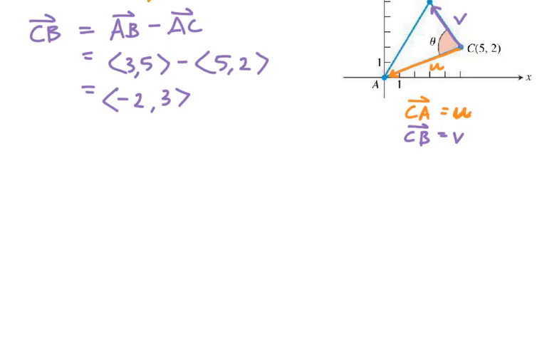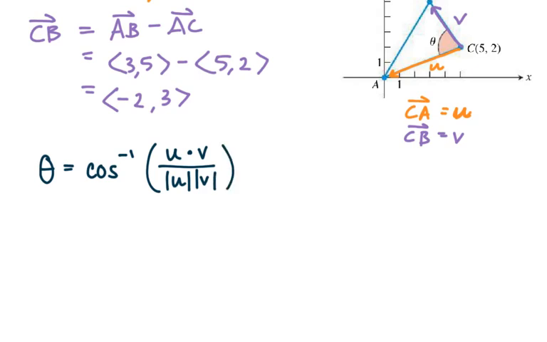So that's going to include the dot product of u and v, the magnitude of u, and the magnitude of v. So we can think about it this way: theta equals cosine inverse of u dot v over the magnitude of u times the magnitude of v. So let's do those calculations.